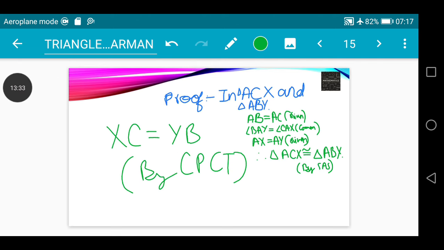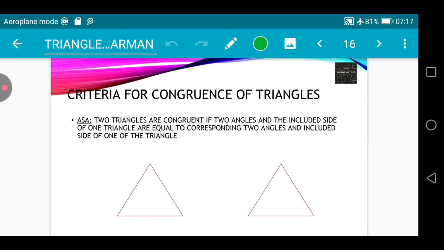Moving to the next criteria, which is angle side angle.